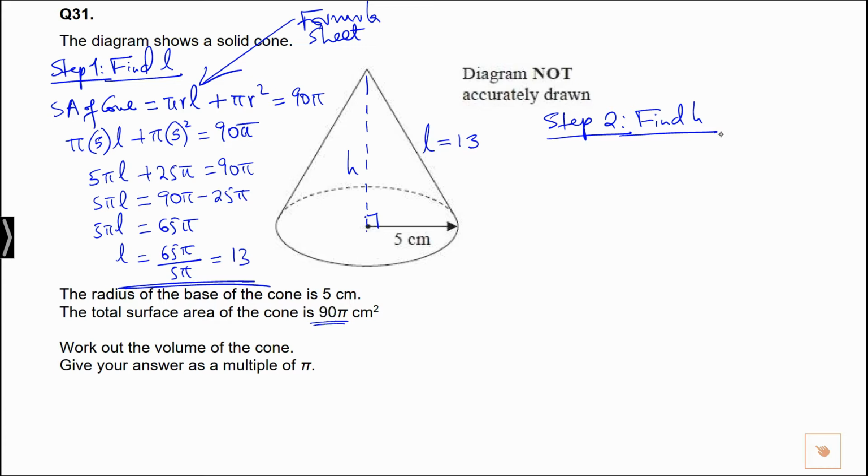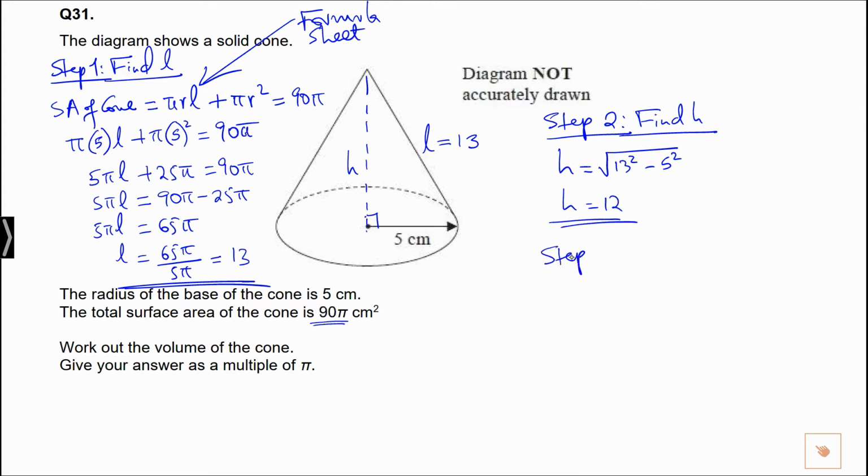To find the height, we use Pythagoras theorem. So h will be equal to the square root of the longer side squared minus 5 squared. You can just plug that into your calculator. So h will be equal to 12.